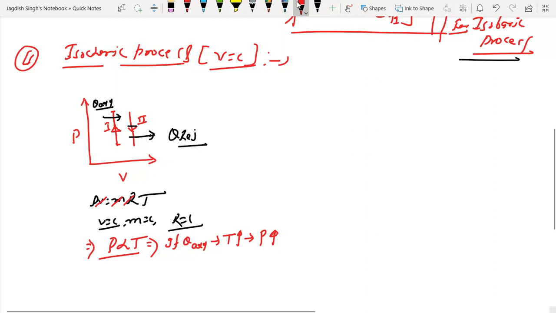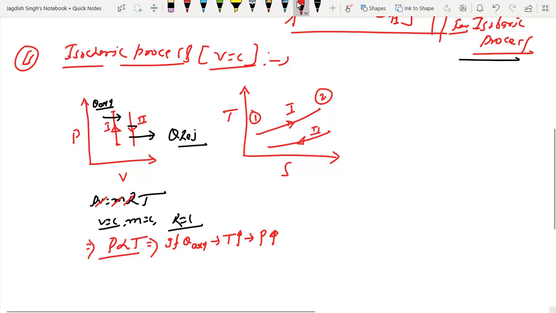Now, just explain this process on the TS plot. This is the constant volume process 1 to 2. We have to find whether heat is added or rejected. Suppose this is process 1, and let us suppose this is another process, process 2.